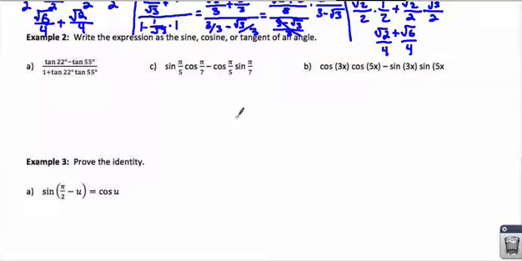Okay, that actually I think is the hardest part. Now we're going to move from here and go backwards. So I can see tan minus tan over 1 plus tan tan. Well, this has to be the tangent identity, and now I just have to decide if it's sum or difference.